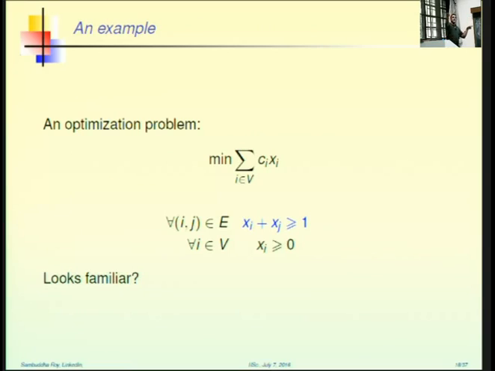This is a formulation of one of the problems that we study in first year, second year, third year. I haven't given anything, right? I have put a V and an E. So chances are this has to do with graphs, and this is what is called the vertex cover problem.